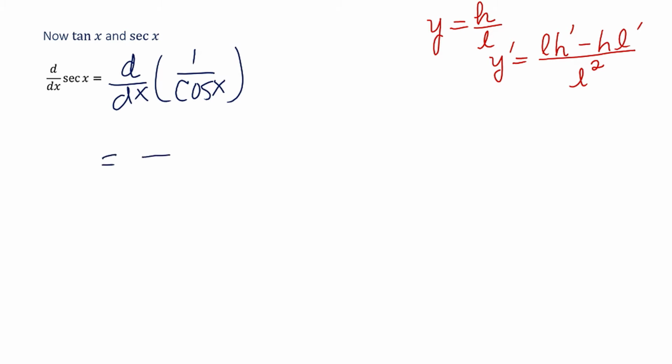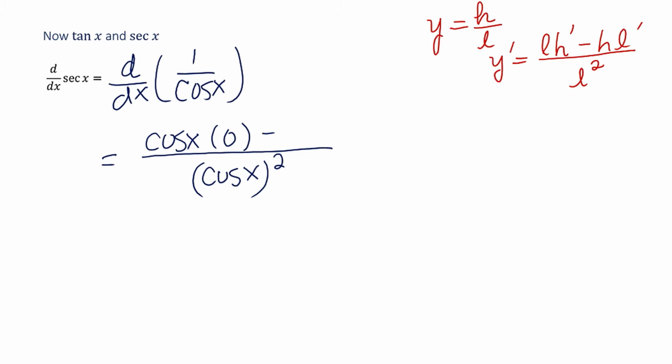This will be equal to, the denominator is cosine x quantity squared, and then we do the low, so it's cosine x times the derivative of 1. The derivative of 1 is 0 because 1 is a constant, minus high is the number 1 times the derivative of cosine, which is minus sine x.